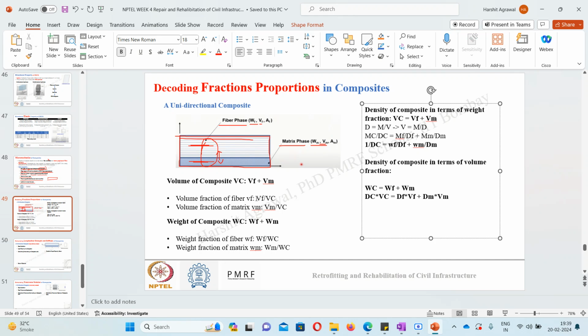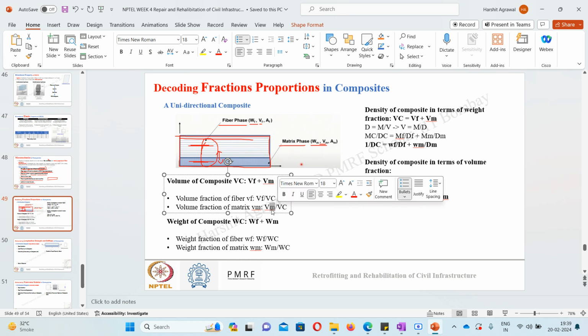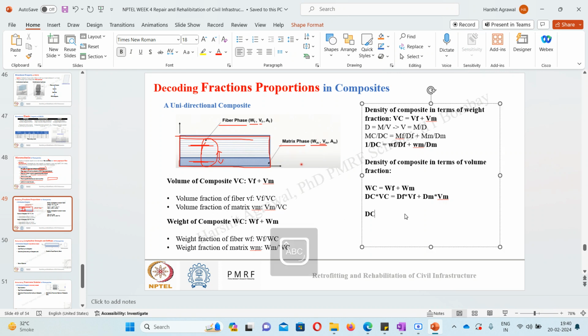The ratio of volume of fiber upon volume of composite will become my volume fraction of fiber, and the ratio of volume of matrix upon volume of composite will become my volume fraction of matrix. So I will write DC equals density of fiber times volume fraction of fiber plus density of matrix times volume fraction of matrix.